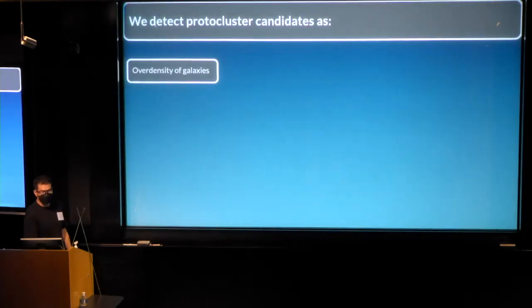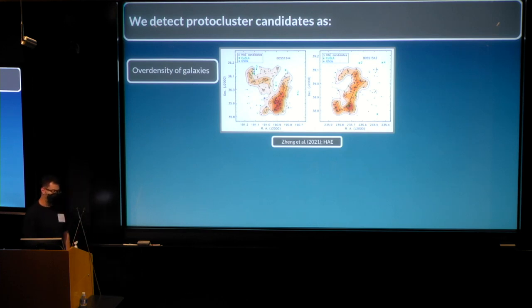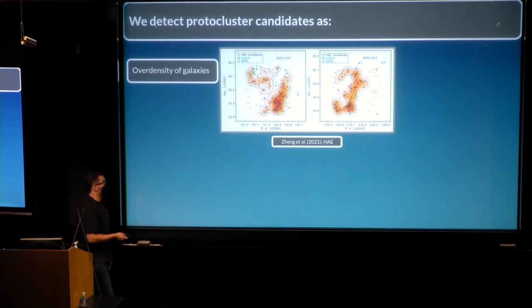To detect protocluster candidates using observations, we search for overdensities of galaxies. There are many techniques that depend on the available data. Based on photometric bands, some of them are very efficient.